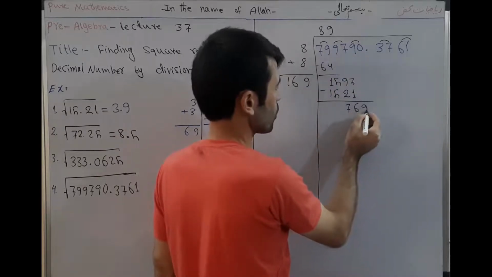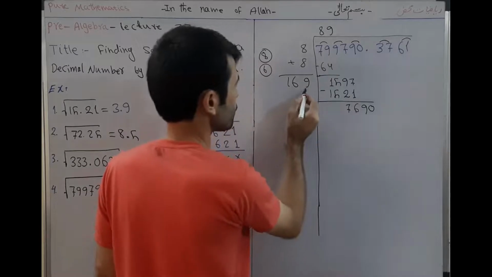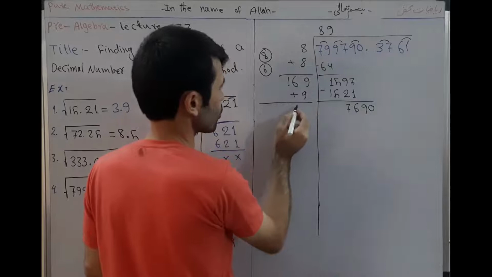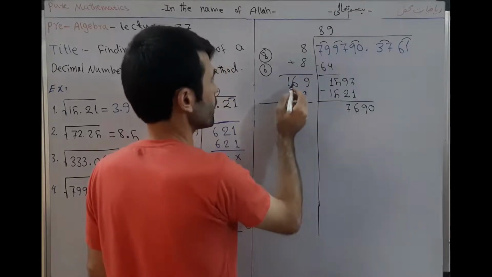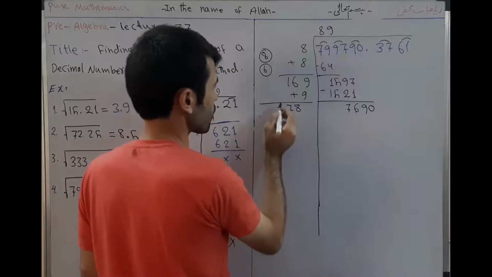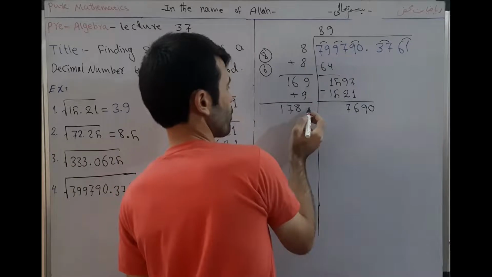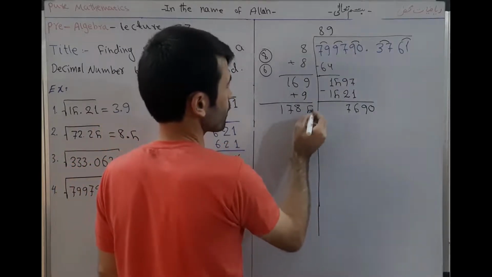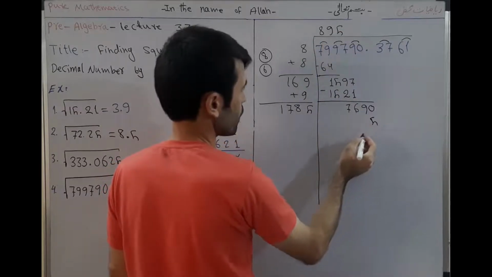Now we write down 90. Here 9, we add these two numbers. 9 plus 9 is equal to 18. 1 plus 6 is 7, 1. Here we want to write a number. If we put 5, 5 multiplied by 5 is 25.